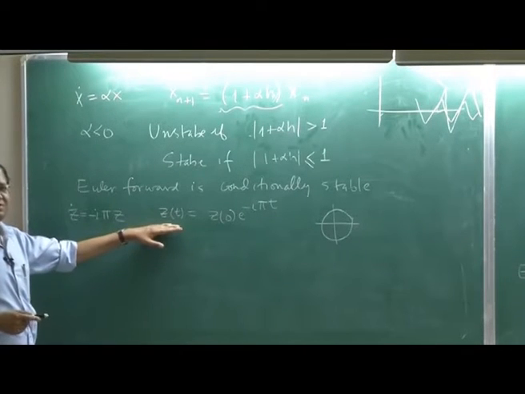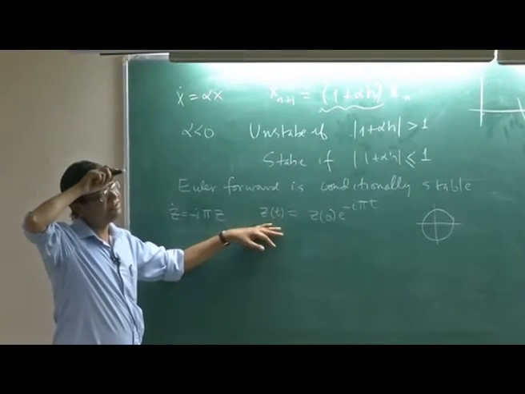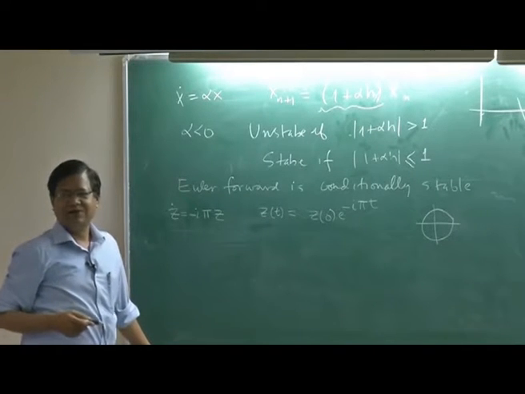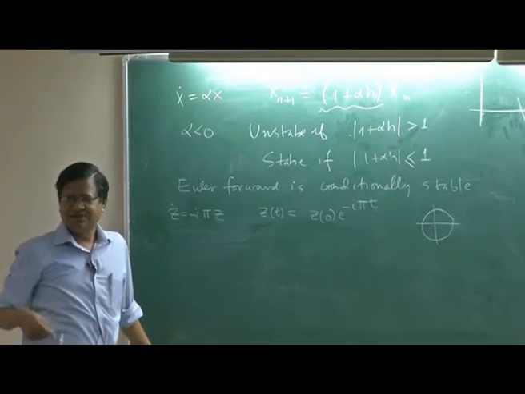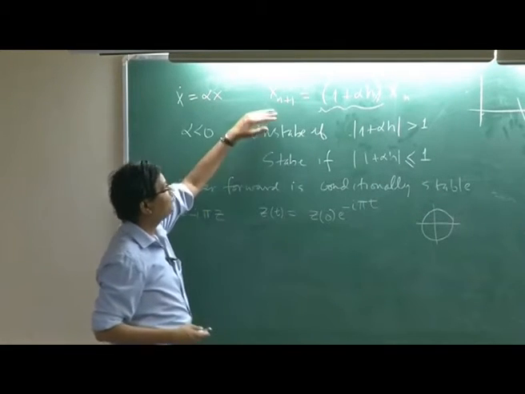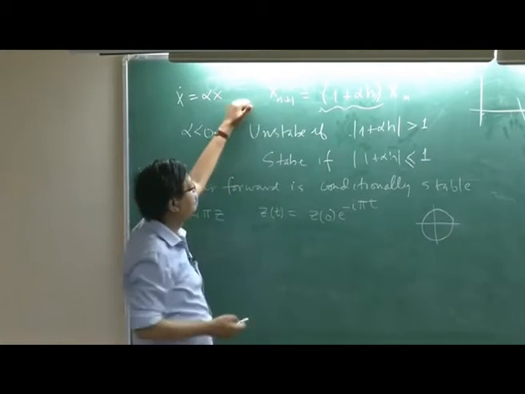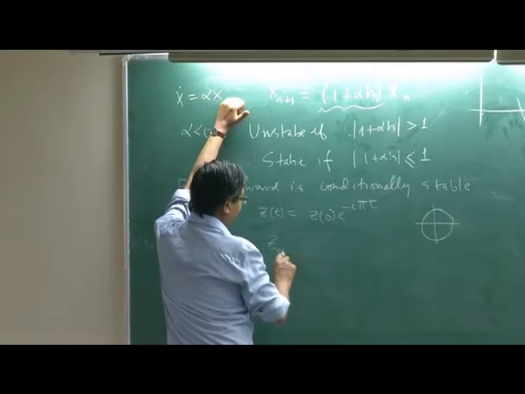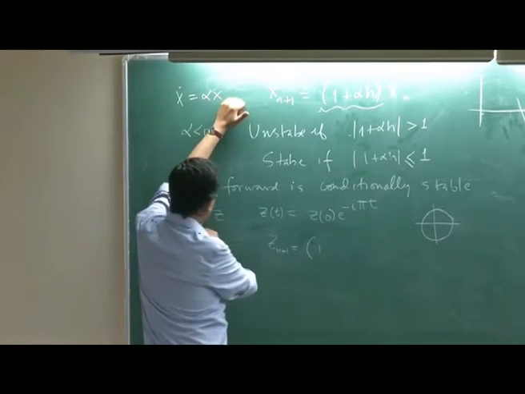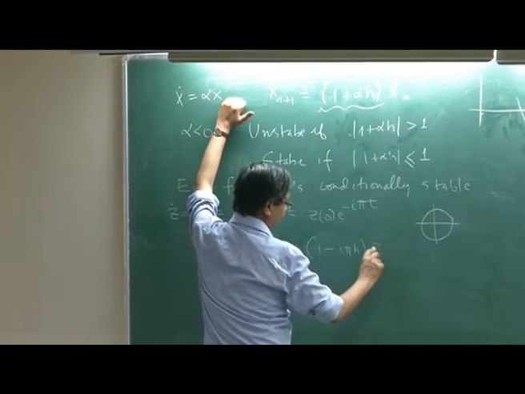Okay, so now what about this? Is the Euler scheme stable or unstable? Conditionally stable, which category? My solution is changing with time. Now this formula is still the valid formula. Instead of x I have to write z. So z n plus 1 is 1 plus alpha h z n, with alpha minus I pi, so 1 minus I pi h z n.